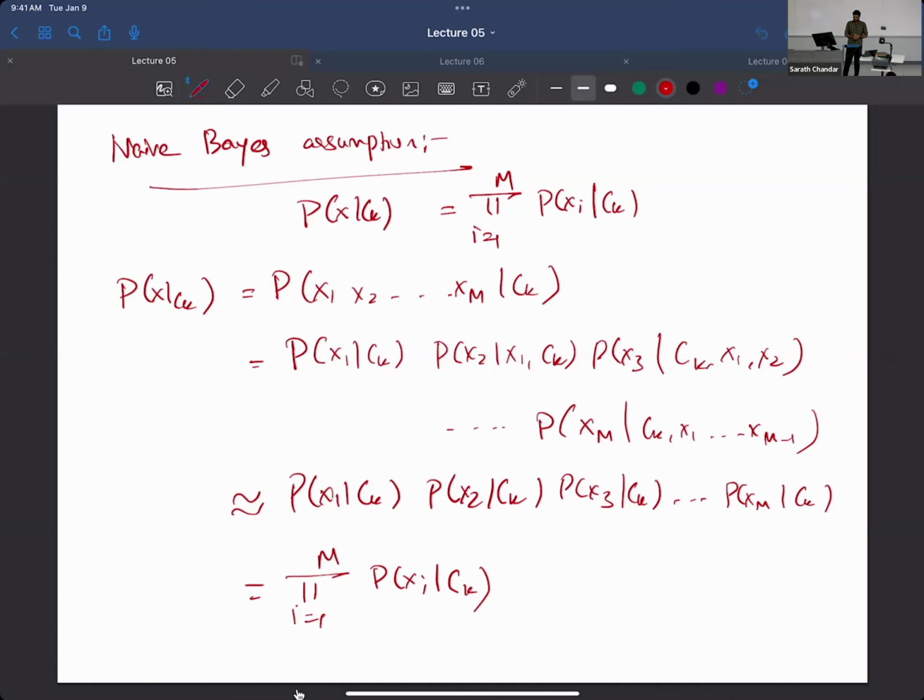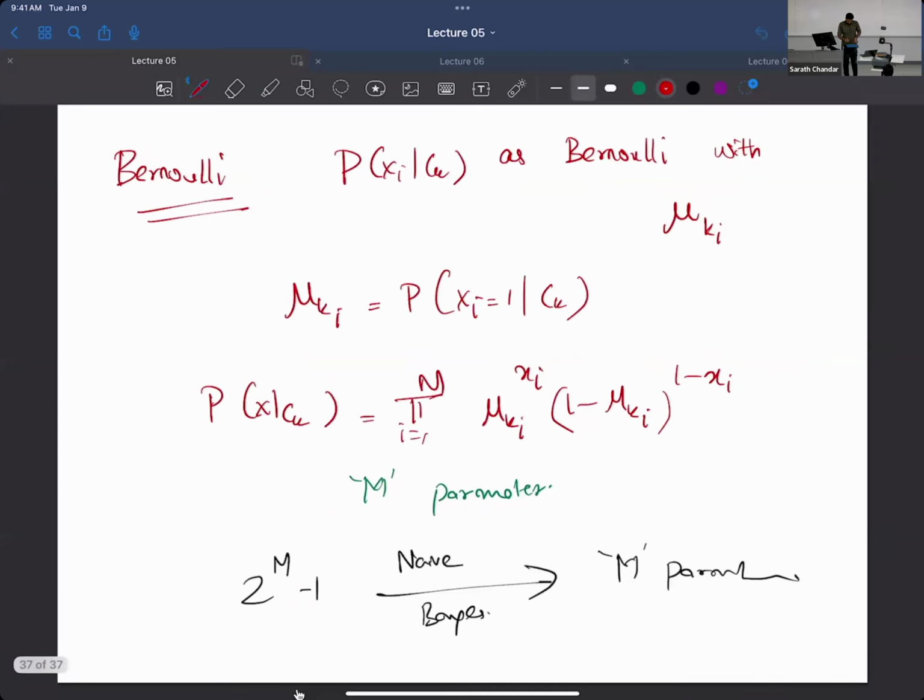The probability of success. Yeah, the probability of success. There's only one parameter for Bernoulli, right? Which is mu in this equation, right? So if you're modeling each of xi given ck as a Bernoulli, then the parameter is going to be mu ki, which is basically the probability that xi is equal to 1 given the class. Is that clear?